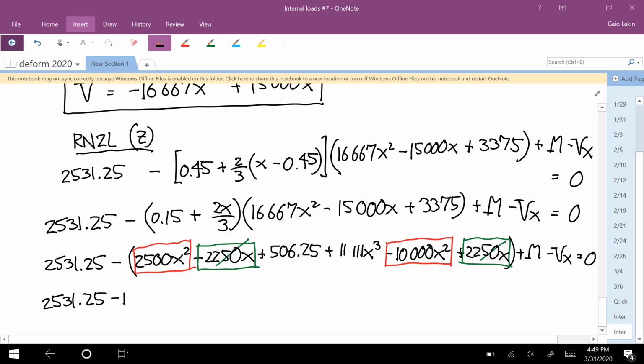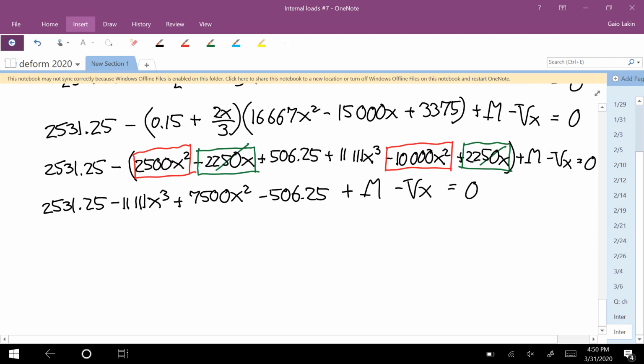So negative 11,111 x cubed plus 7,500 x squared. The x terms canceled. Minus 506.25 plus M minus Vx is equal to 0.